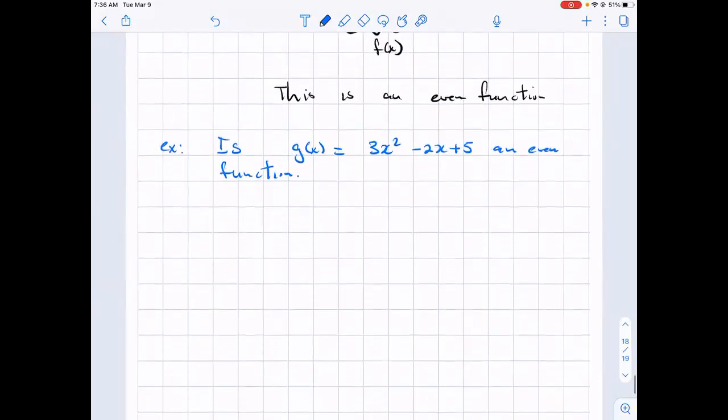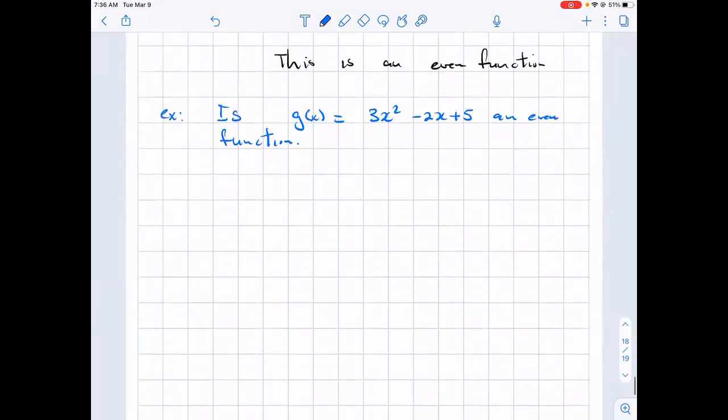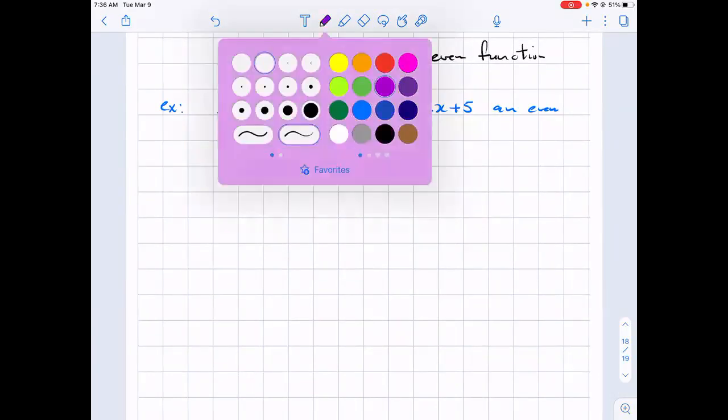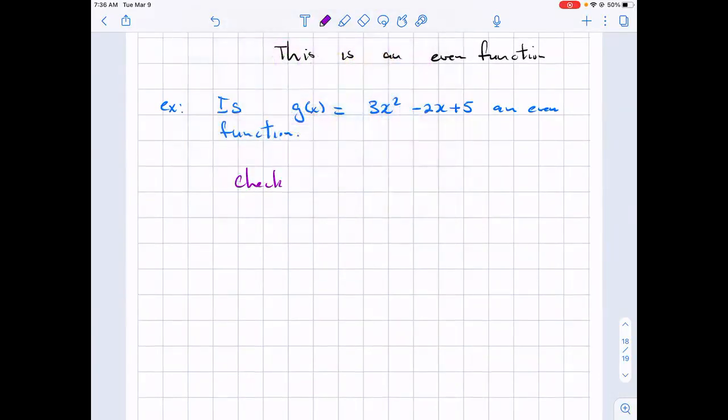Remember, to check for even and odd, all we're doing is replacing these things. We want to check if g of minus x is equal to g of x.